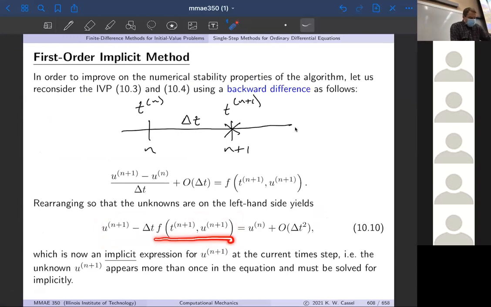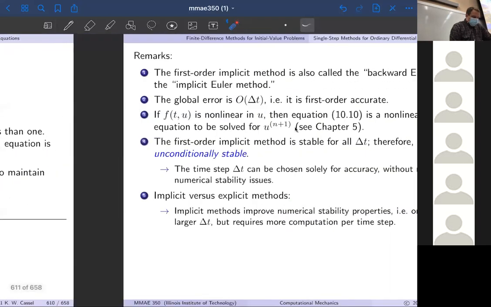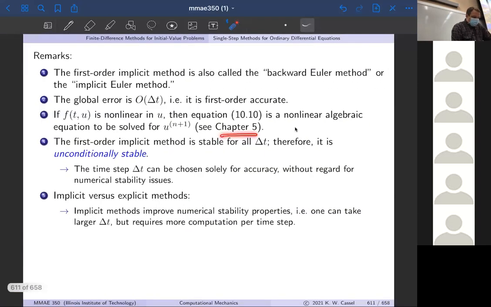If that's the case, I can still solve it, but I'm going to have to use methods from chapter 5. I have to use something like Newton's method, remember, for solving nonlinear algebraic equations. All right, so that's a little bit of a hit. That's a bit of a cost. So the improvement is numerical stability, but I now have to be concerned if this is nonlinear in u.